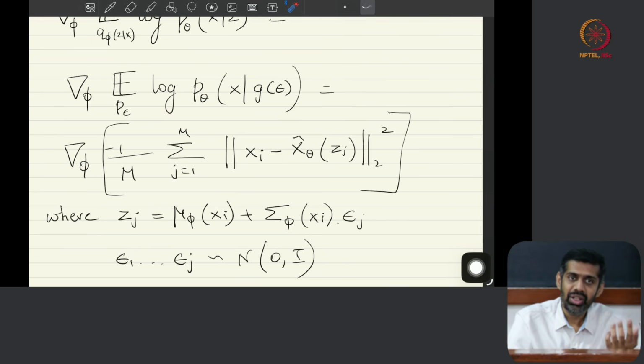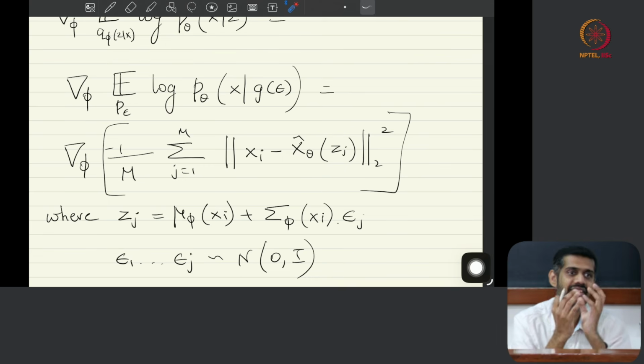Now what am I asking my decoder to do? I am saying no matter what zi you are seeing as an input, give me the exact same output that corresponds to this xi. So I am trying to say that the xi that I have is actually the mean image of multiple images that can cluster around that one particular image.